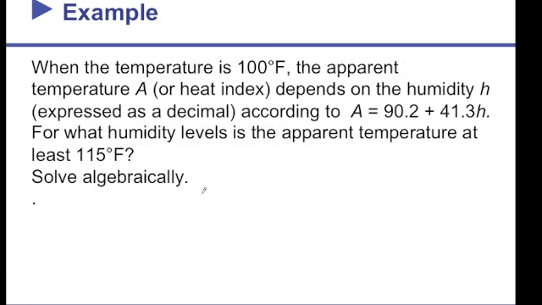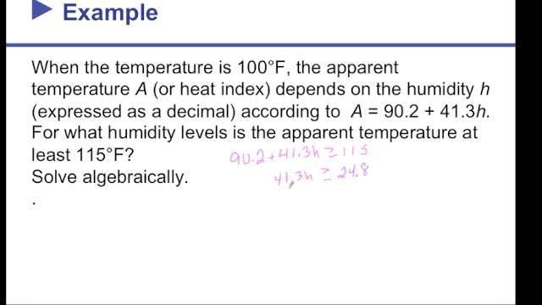Solving that same equation algebraically, we had 90.2 plus 41.3 H greater than or equal to 115. In this case, I'm going to subtract the 90.2 from both sides, get 41.3 H greater than or equal to 24.8.